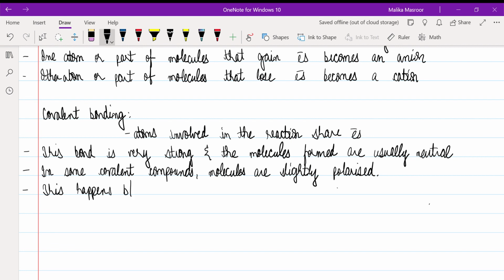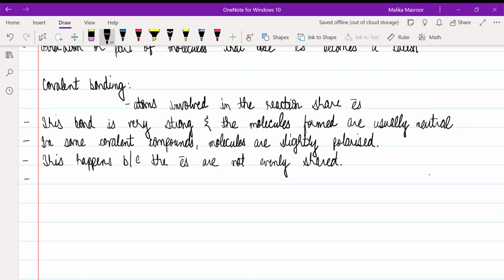This happens because the electrons are not evenly shared. Okay, so now it will be of two parts, like I said earlier. Now the molecule has two parts.